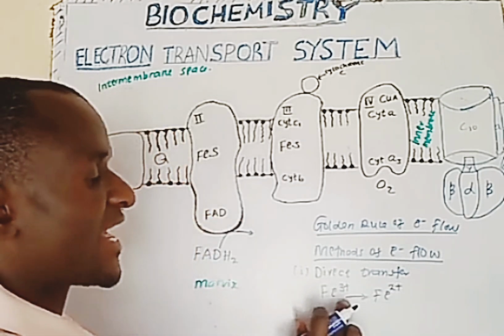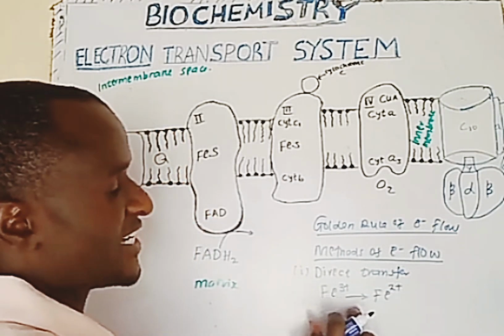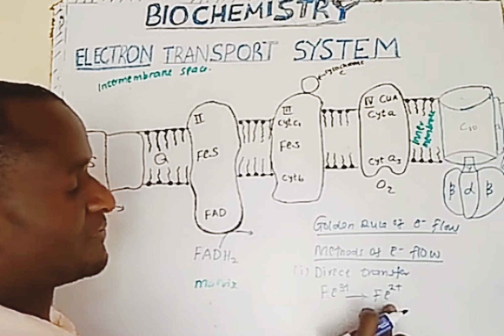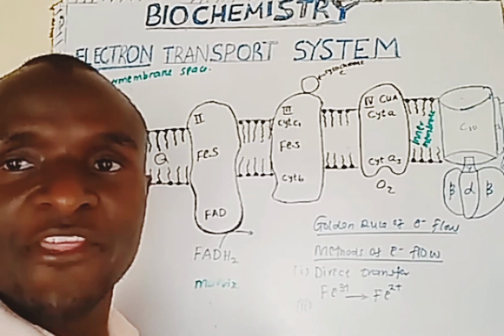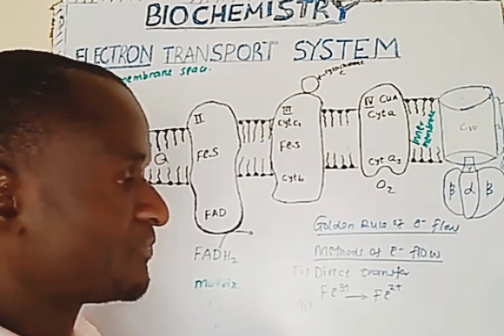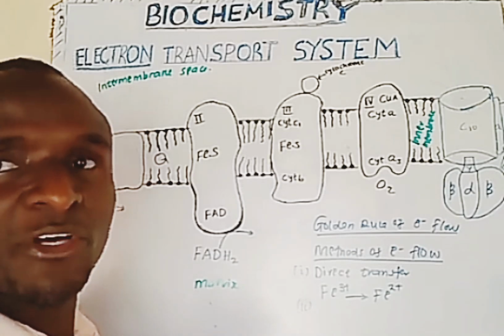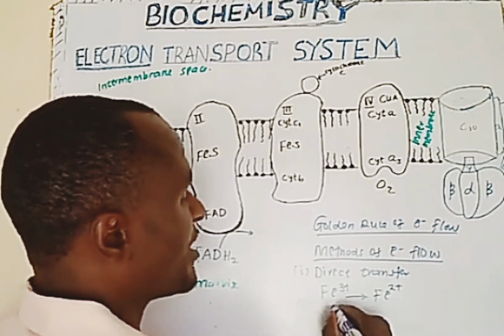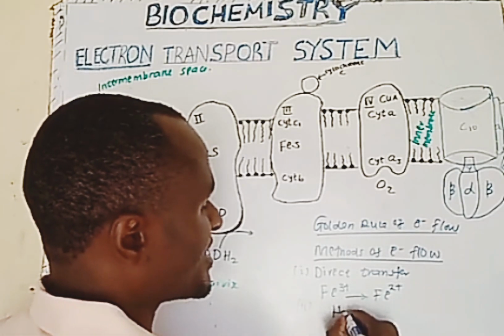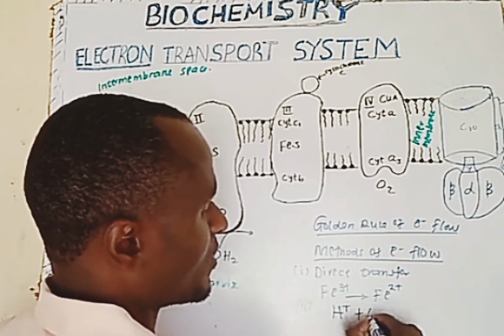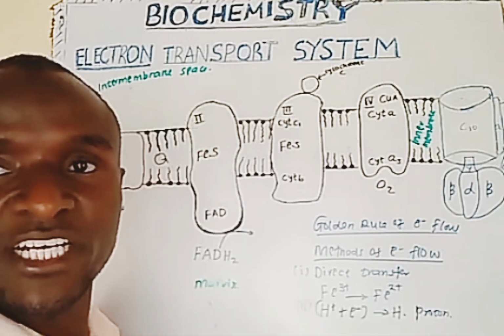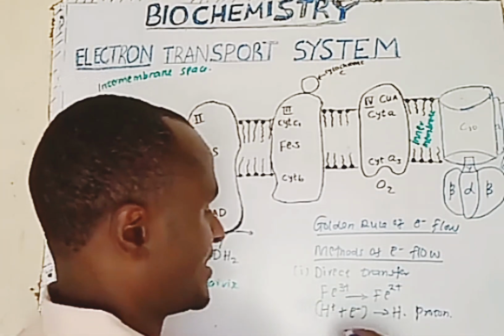So when iron 3 ion gains electrons, it gets reduced to iron 2 ions. Method number 2 is as a hydrogen atom. I believe that at this point you know the chemical formula of a hydrogen atom. The third method of electron transfer is as a hydride.